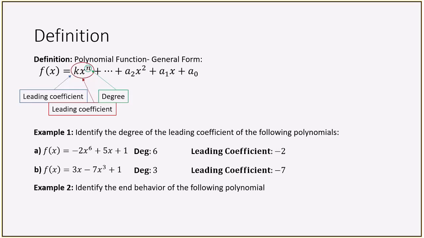Now, the whole purpose of going through those power functions is that power functions are very specialized. You don't see a whole lot of expressions or equations that just have a single term, just a single negative 2x to the 6, and that's it. It can happen, but it doesn't always happen.